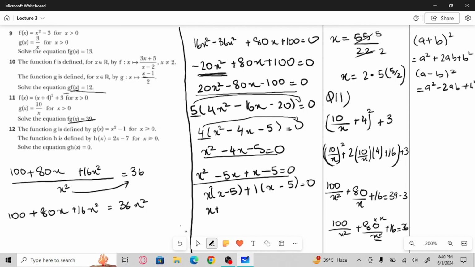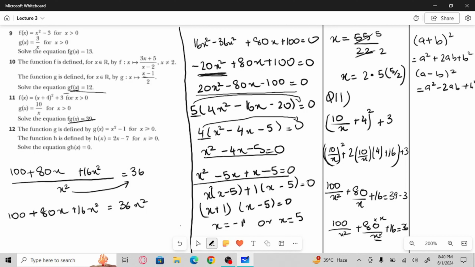So our answer will be x plus 1 and x minus 5 is equal to 0. So x is equal to -1 or x is equal to +5.